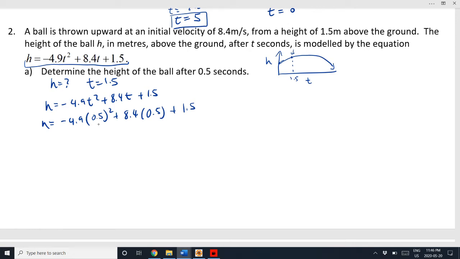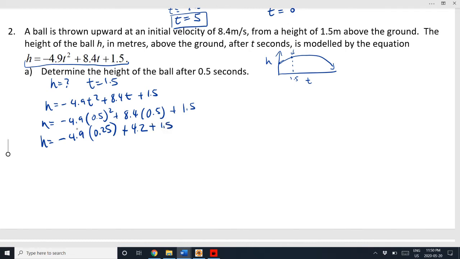So 0.5 squared is 0.25. So we'll have h is equal to negative 4.9 times 0.25. And then I'm going to multiply this one here. 8.4 times 0.5 is 4.2, and we still have our 1.5 at the end here.